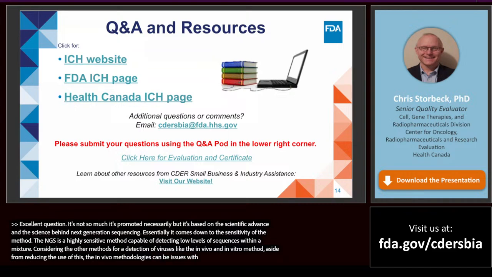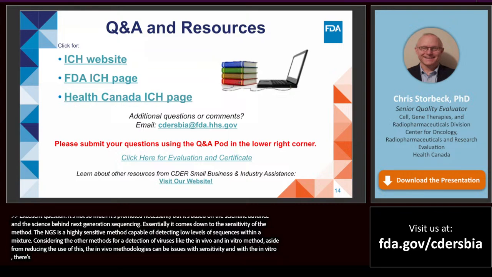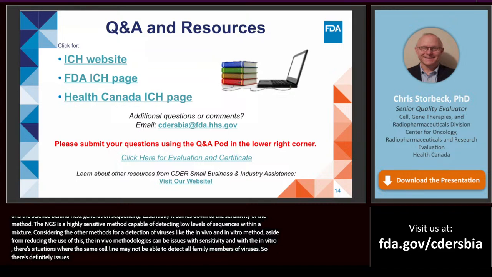and with the in vitro methodologies, often there are situations where the same cell line may not be able to detect all family members or all members of a family of viruses. So there are definitely issues with detectability and sensitivity with the in vitro and in vivo methods.